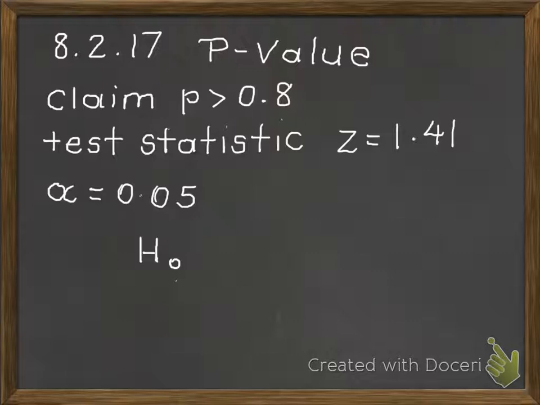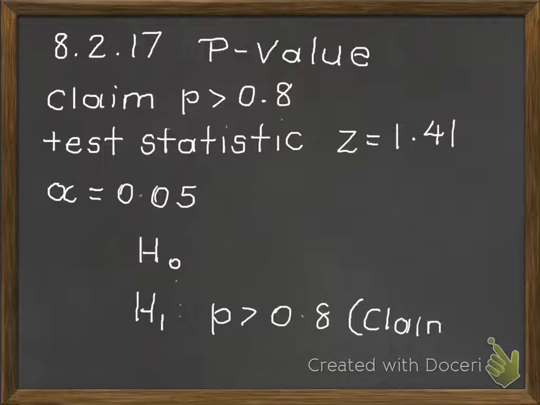But since the alternative hypothesis, which we represent as H sub 1, is the hypothesis that does not contain the equality, we use p is greater than 0.8 as our alternative hypothesis. So our original claim is the alternative hypothesis.